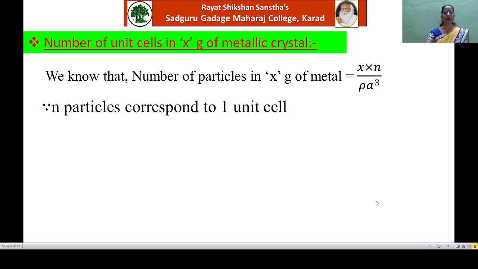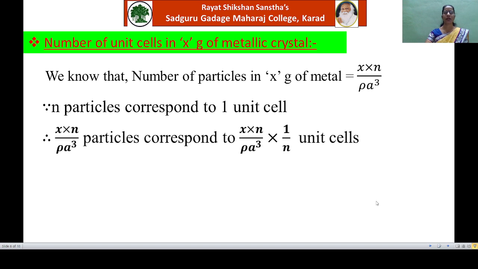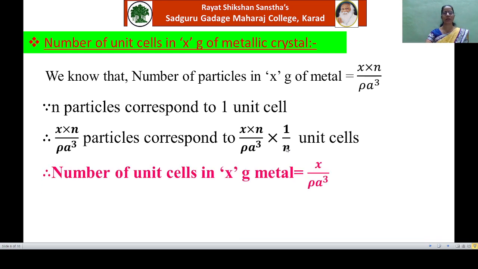Since N particles correspond to 1 unit cell, x into N upon rho into a cube particles will correspond to x into N divided by rho into a cube, into 1 upon N unit cells. And from this relation, we obtain the number of unit cells in x gram of metallic crystal is equal to x upon rho into a cube.